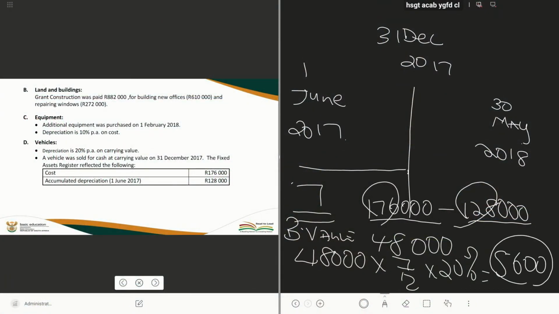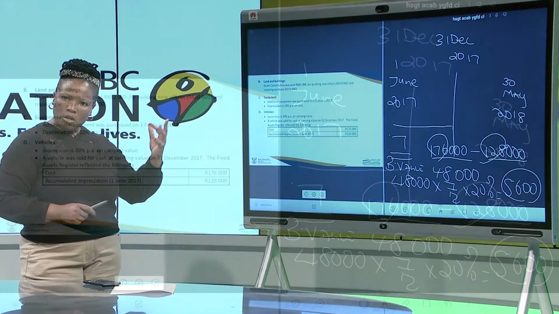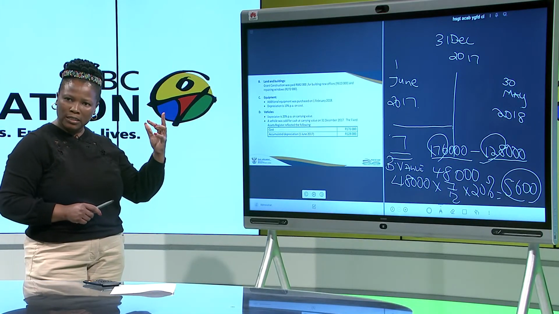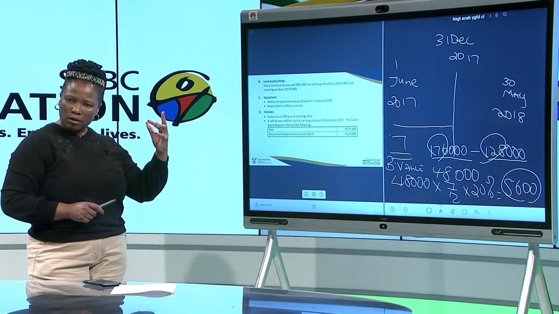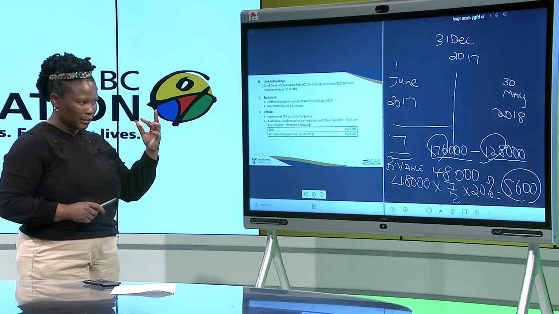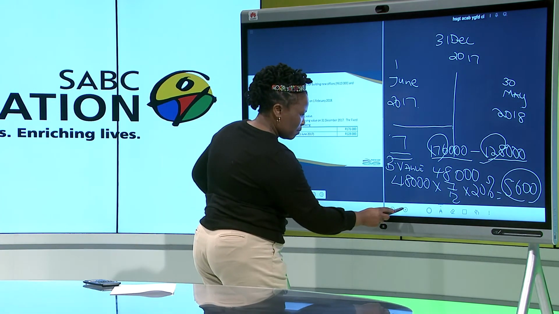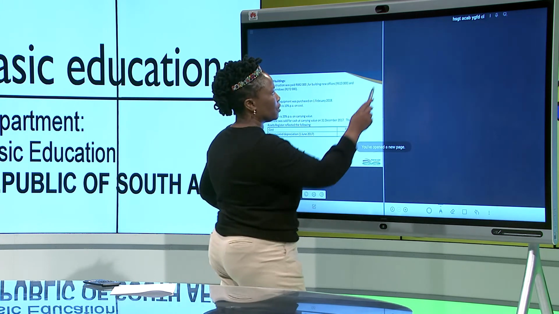So this 5,600 rands is the depreciation, the current depreciation of the asset that we have just sold as a business. Remember that in the previous slide, we are supposed to calculate the book value of that asset. Remember, 5,600 is our depreciation.